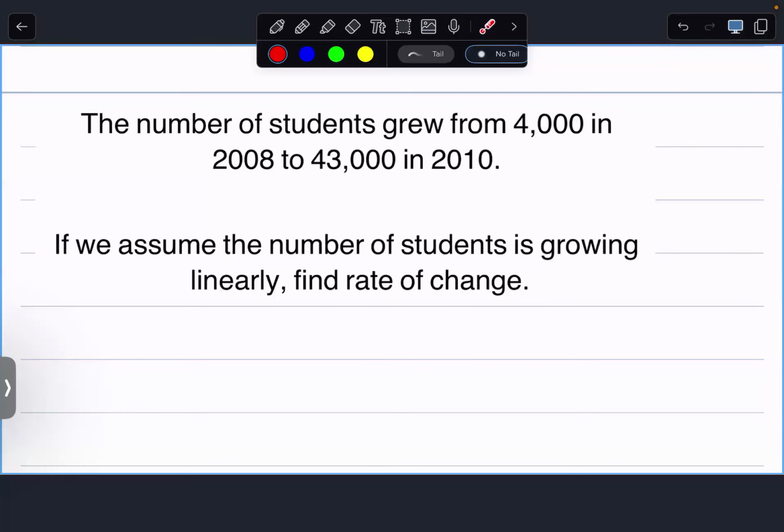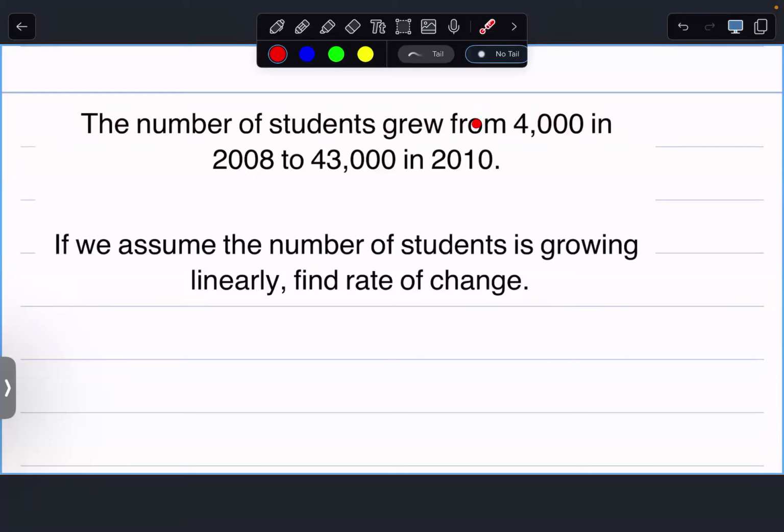Now we've been given points, right? We've been given x is this, y is this, either as a coordinate or as the function output. Here, it's our job to determine what the x input is and what the y output is. If I give it an input of 2008, I get an output of 4,000.